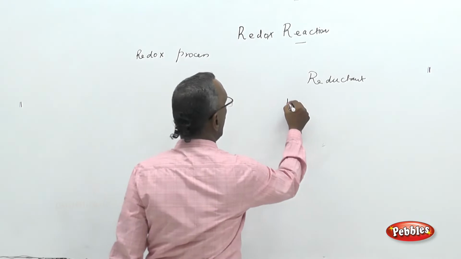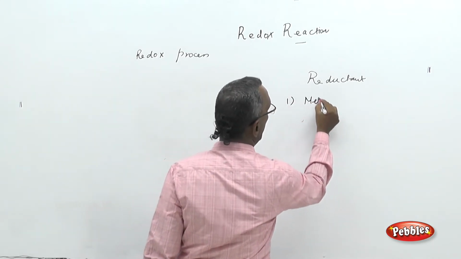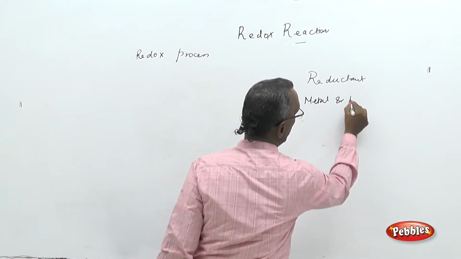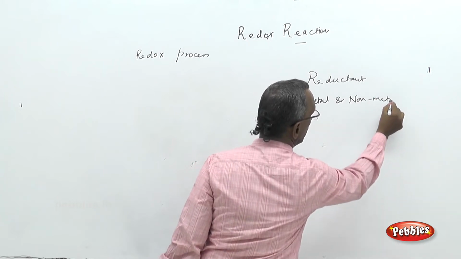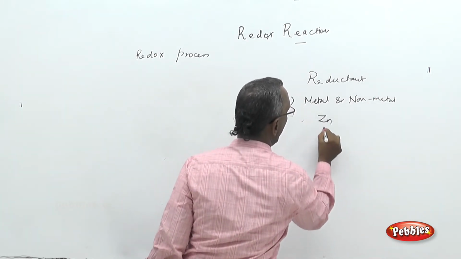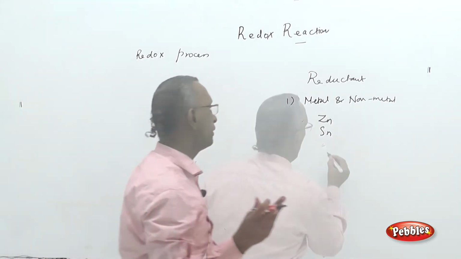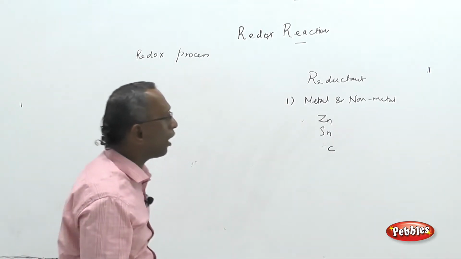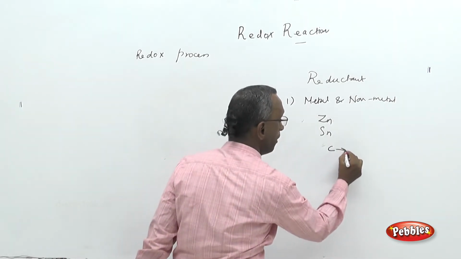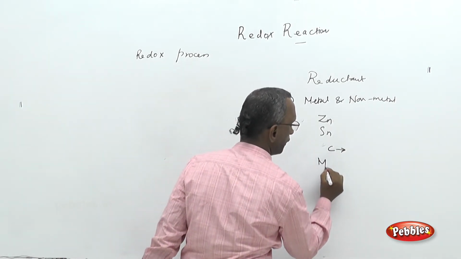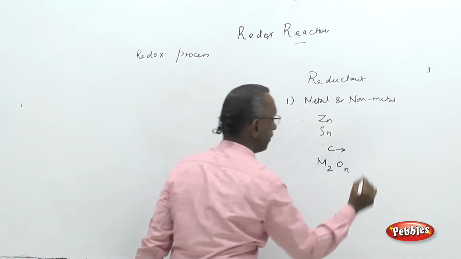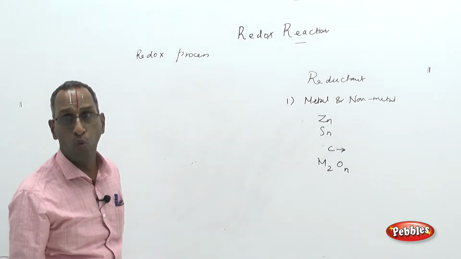So reductants can be elements with metallic or non-metallic states. For example, zinc, tin; tin with HCl is used as the reducing agent. Among non-metallic elements, carbon is used in metallurgy. Metal oxide can be generally represented as M2ON.